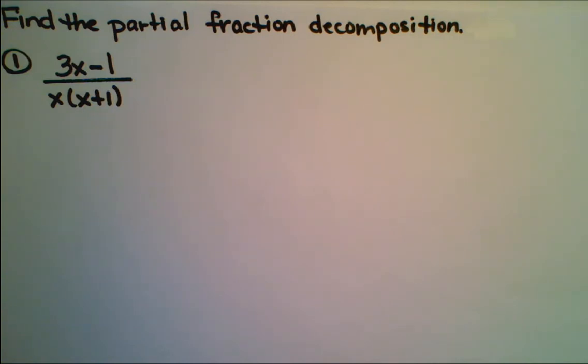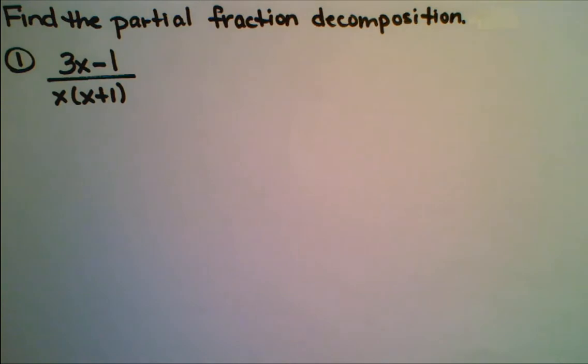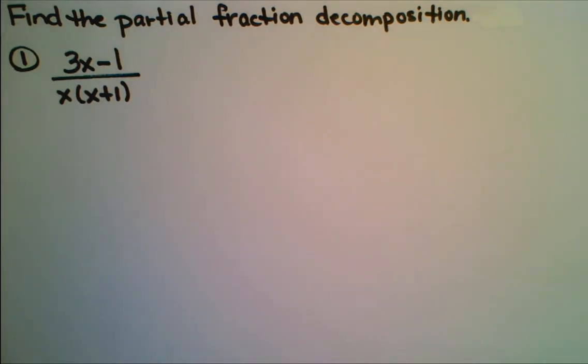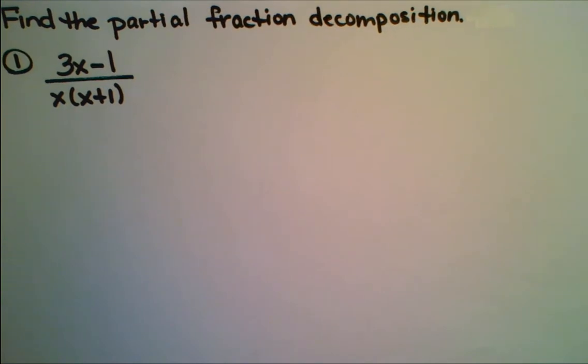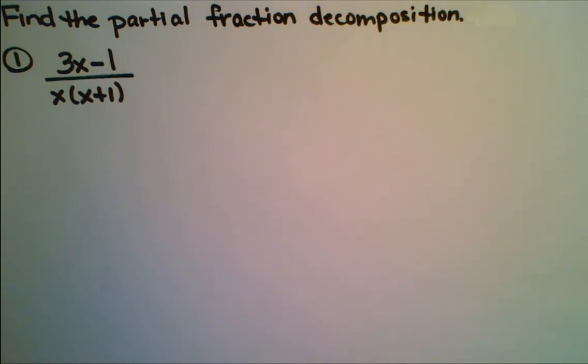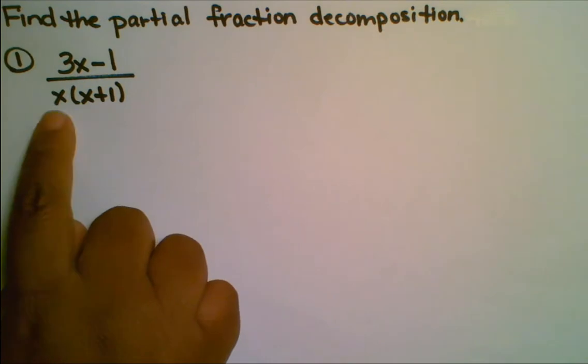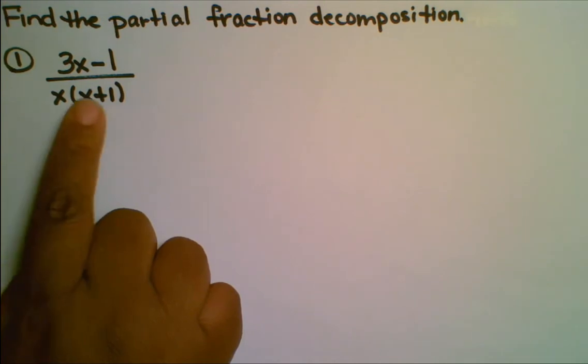We may or may not get to that at this point, but right now let's just look at the initial components of how to simplify a rational expression so we can find the partial fraction components. So first things first, we want to make sure that our denominator is in factored form, and it is. We have a factor of x and a factor of x plus 1.